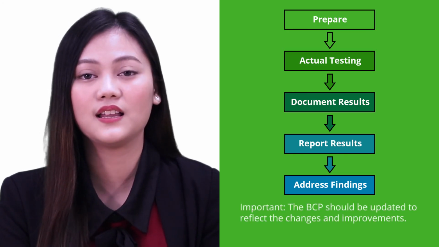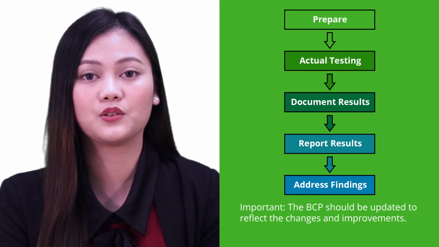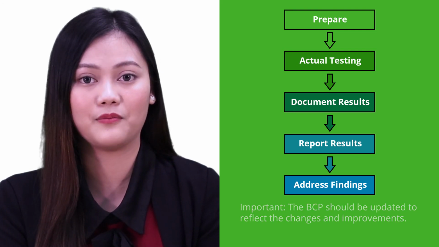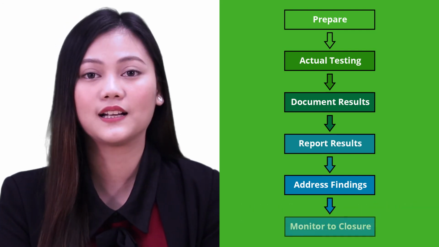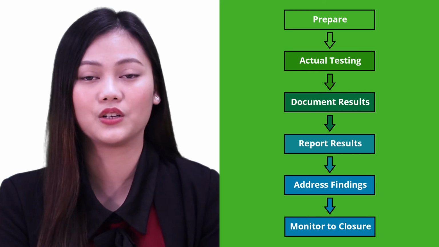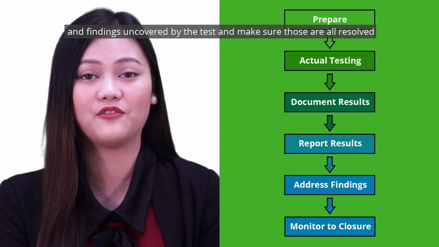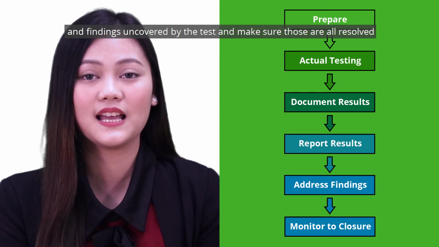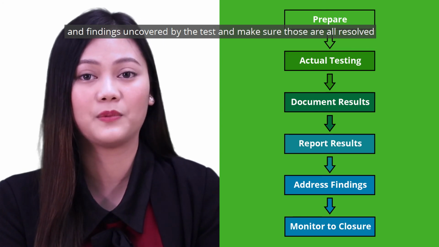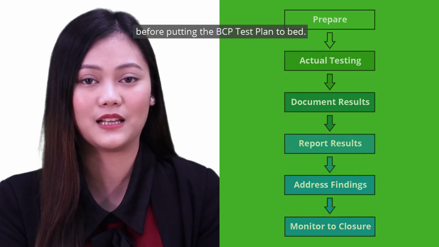Once that's done, the BCP should be updated to reflect these changes and improvements. Finally, the organization should monitor the closure. This means that the organization should stay on top of the gaps and findings uncovered by the test and make sure those are all resolved before putting the BCP test plan to bed.